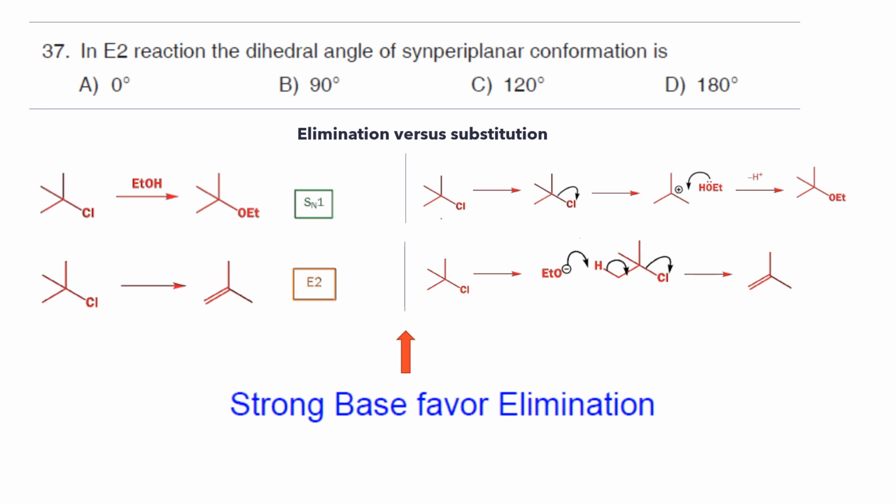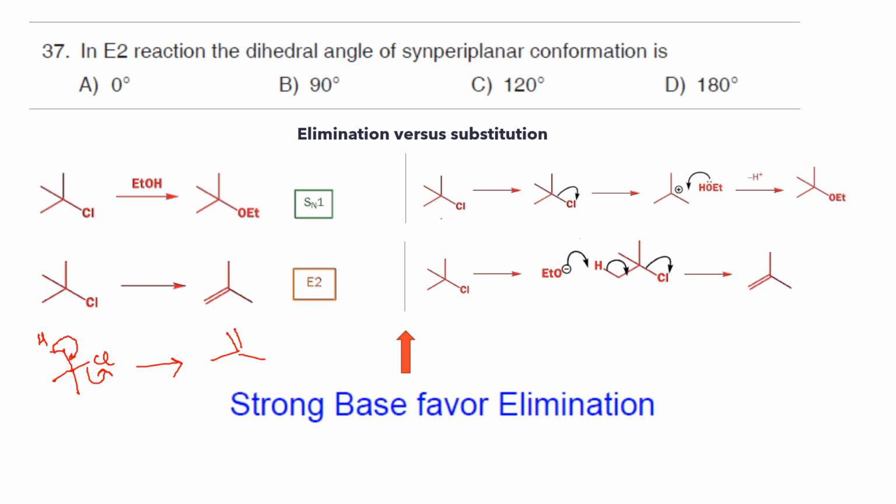I'll just write down how this product is formed. Suppose this is the substrate that you have. Instead of substituting this chlorine atom with some other group, you are actually eliminating a hydrogen atom along with the chloride ion. So this is the product that you are getting.